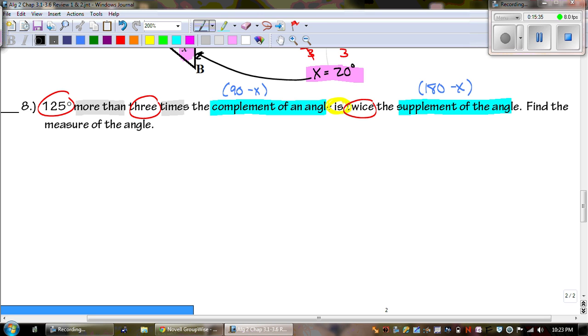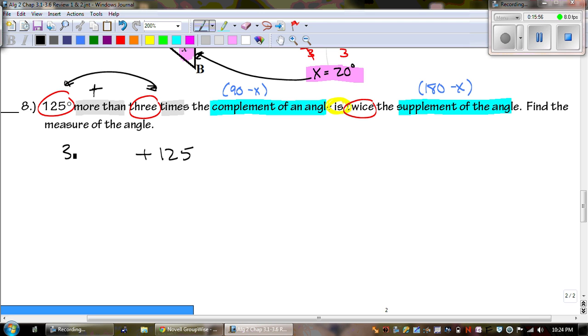Okay, so let's break it down. 125 more than. Well, more than means to add, and I have to switch the order. So there's my plus, there's my 125, and now I need to work on 3 times the complement.